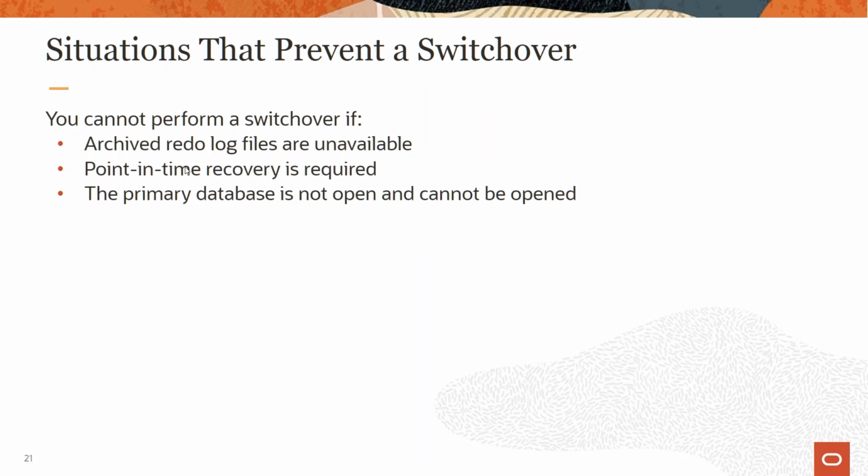So if archived redo log files are unavailable, so the standby cannot be synchronized with the primary, or point-in-time recovery is required, or the primary database is not open and cannot be opened, then your switchover operation cannot be initiated.